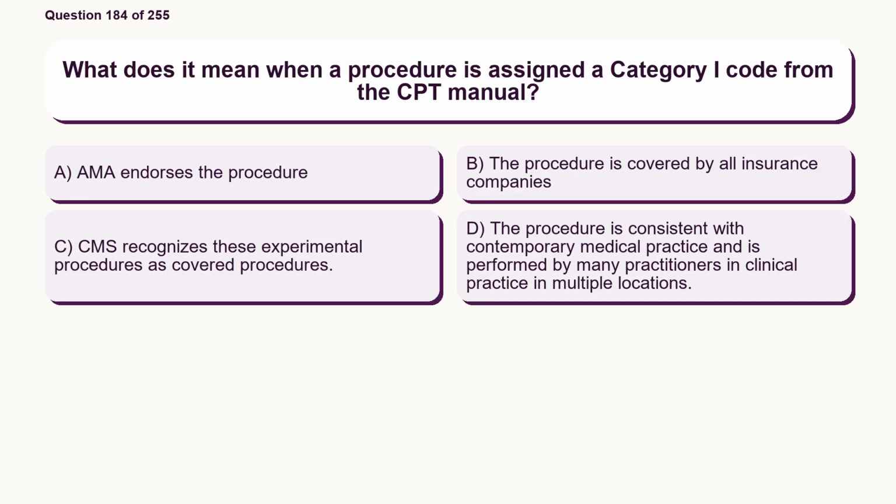Question 184. What does it mean when a procedure is assigned a category I code from the CPT manual? Option A. AMA endorses the procedure. Option B. The procedure is covered by all insurance companies. Option C. CMS recognizes these experimental procedures as covered procedures.